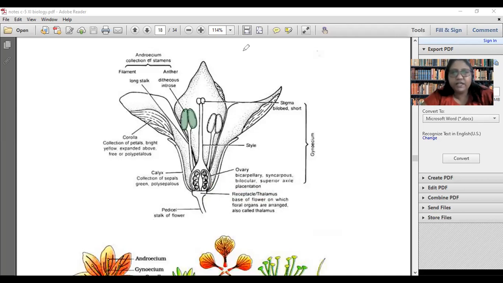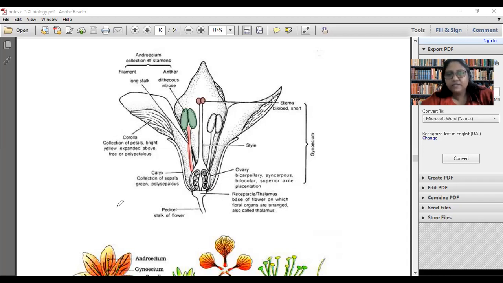Now, how to attach this male gametophyte to the flower? It is done by this stick-like structure which is known as filament. So, androecium is made up of two things. One is anther, other is filament. Okay. Now let us talk about the gynoecium. Gynoecium is having this part at the tip, which is known as stigma.